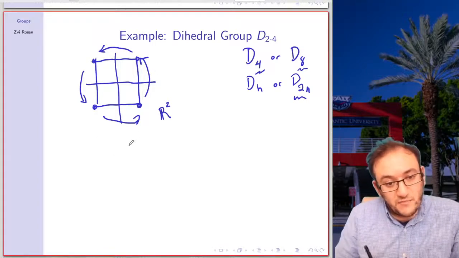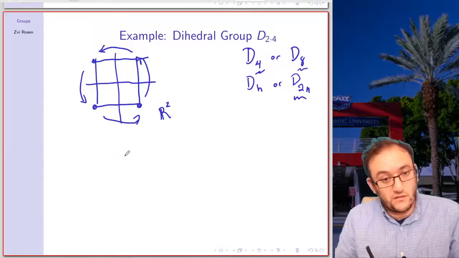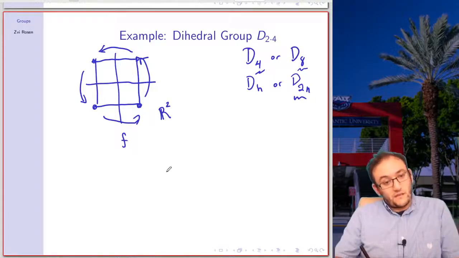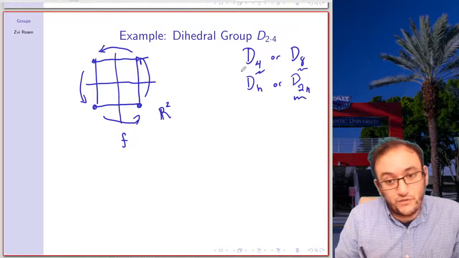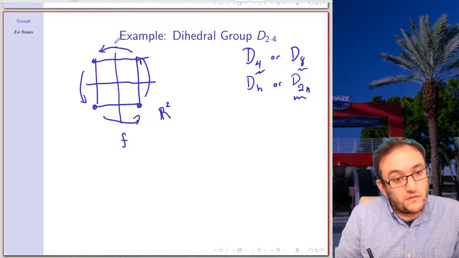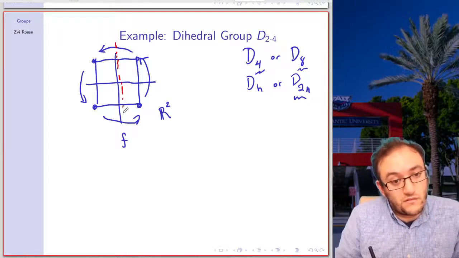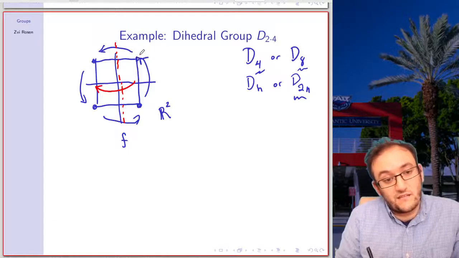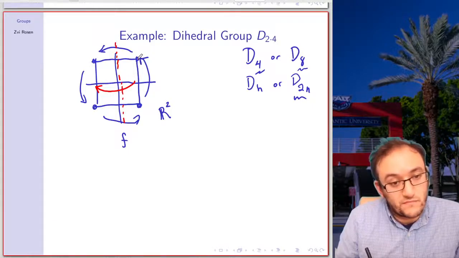We're going to call this element of the group F. Then another thing we could do is reflect across this line of symmetry, sending vertex 1 to vertex 2, and vertex, we usually call this 3, this 4.